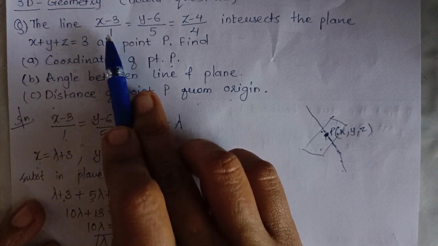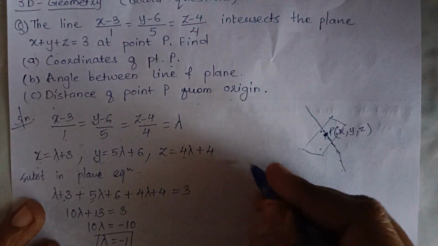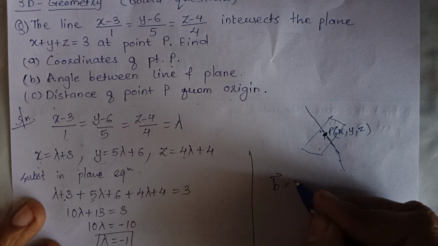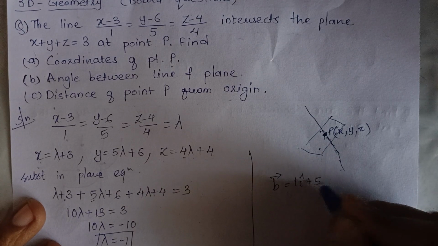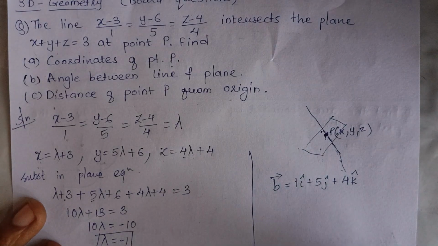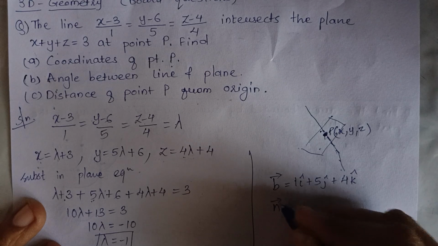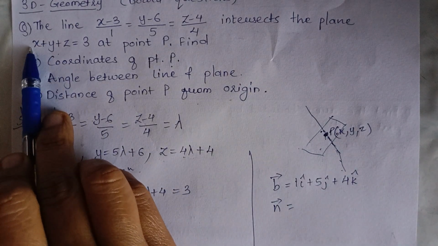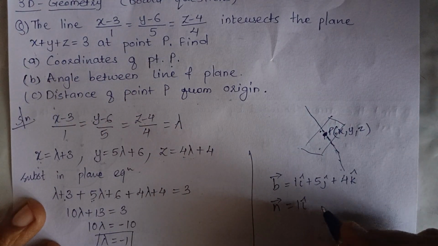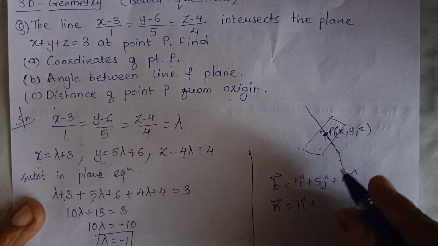So the b vector is this 1, 5 and 4, that is 1i plus 5j plus 4k. And the n vector is 1i plus 1j plus 1k. This is the normal vector from the plane.